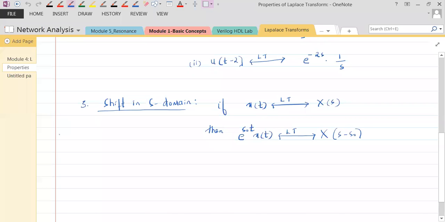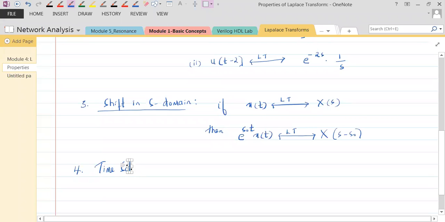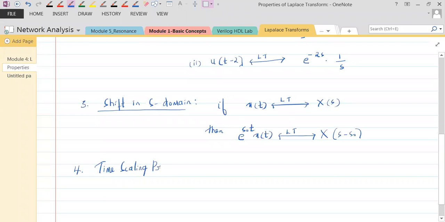Everybody just take down this. What we are looking at is the time scaling property. How does this time scaling property look like? Everybody just see here. What is scaling?